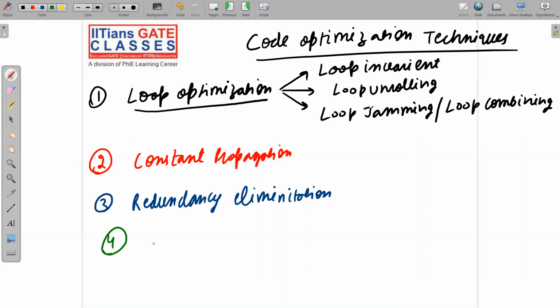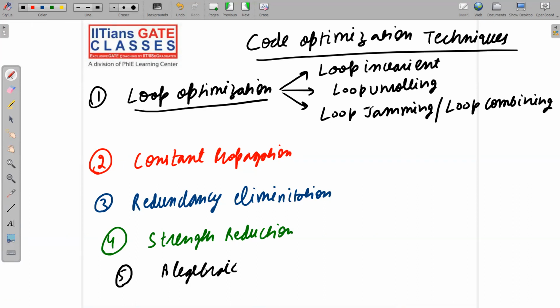Fourth technique is strength reduction. And the fifth technique is algebraic simplification. Okay. Yes, so let me show you one by one these techniques.